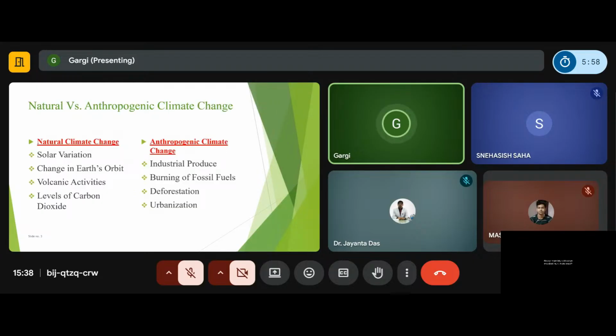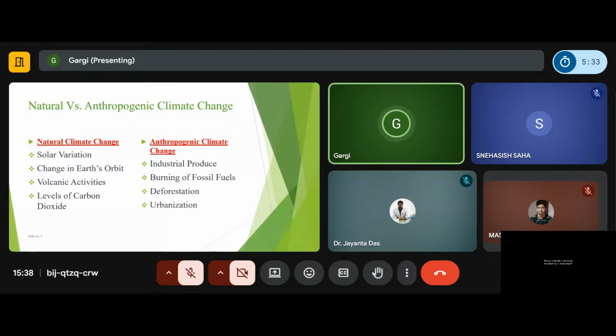The primary causes behind natural climate changes are solar variation, change in Earth's orbit, or volcanic activities. However, the important point is any shift in the climate through these factors is time taking. That means thousands and millions of years are required, which gives sufficient time to both ecosystems and human beings to adapt and accommodate these changes.